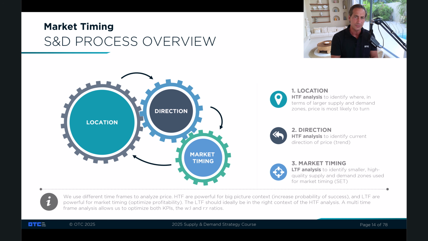And once this process is completed, you are going to step 3, market timing on the lower time frame. And we use the lower time frame to identify smaller, high-quality supply and demand zones and place our orders. Or in other words, our set, stop entry target. All predefined and all in advance.